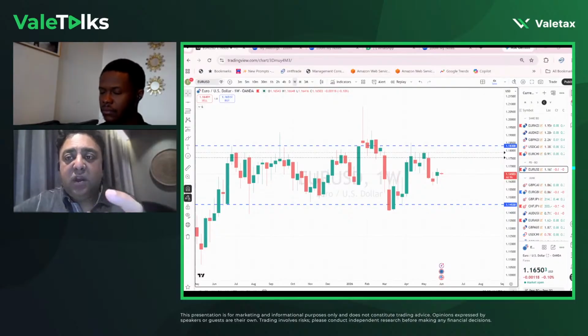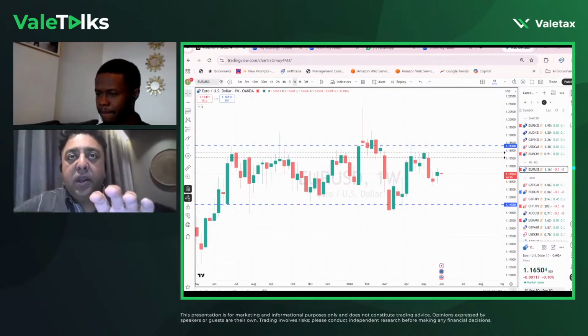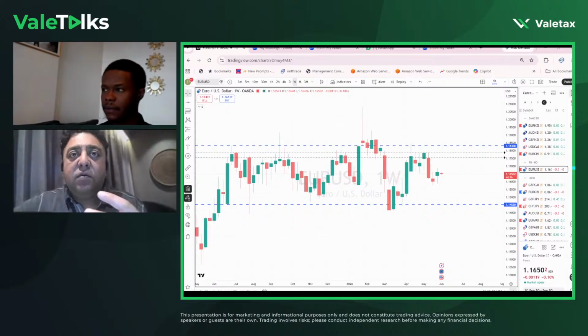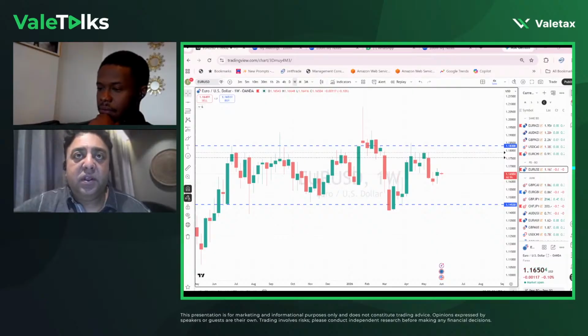So if you're a retail trader and you want to go with liquidity, you could look between the London session and the New York session and see what's going on. At that point, it'll give you a really good idea of what is going to happen. You really can't judge it based on the Asian session at all because there's not much liquidity there.